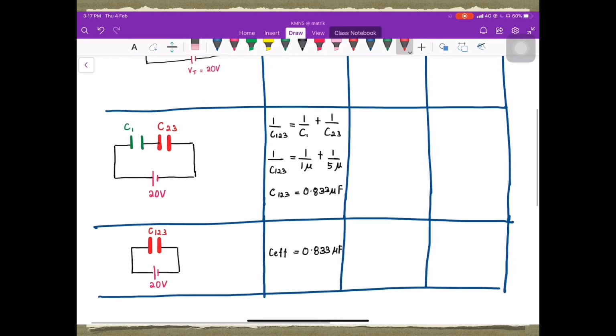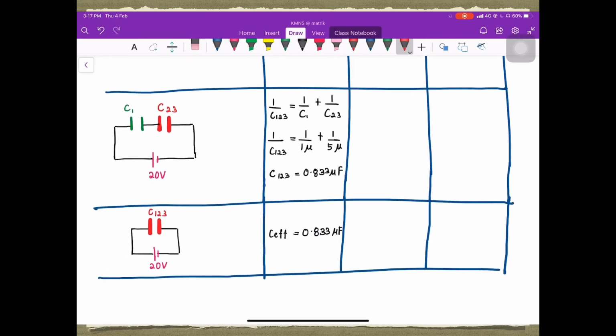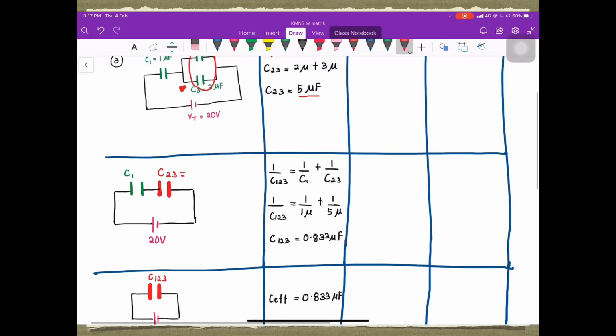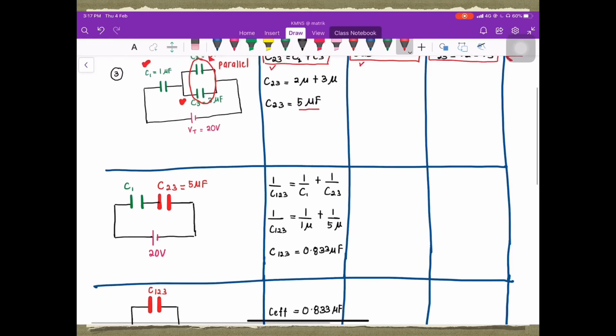Okay, next, calculate and then draw a new diagram here. So C23 is actually 5 microfarad. C1, refer to this, is 1 microfarad.